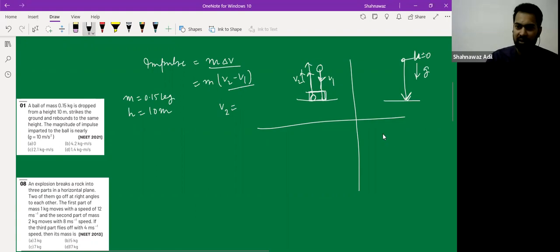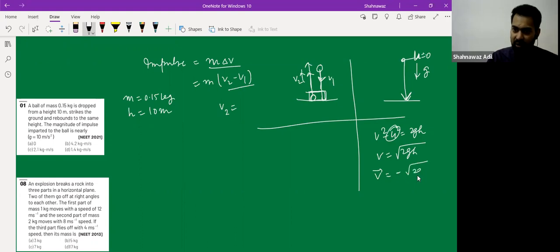So which equation will we use? The third equation, right? Yes, sir. So u is 0, and V is root of 2gh, right? And what will be the direction? It is in the negative of j, so V1 is minus root 2gh j hat, right? Understood? And what about the V2 velocity?